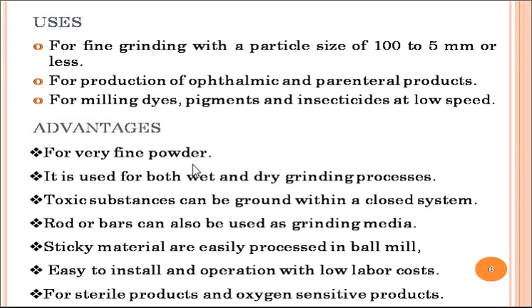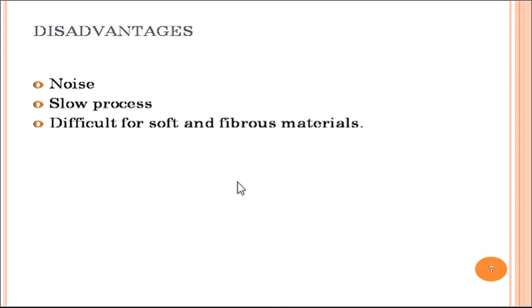It is easy to install, operation is quite comfortable, and it requires low labor cost. For sterile products, as I told you earlier, it is very useful. It can also be useful for oxygen-sensitive products because of its specific design, which is highly advantageous for processing.